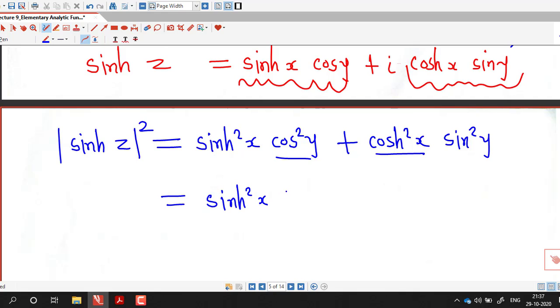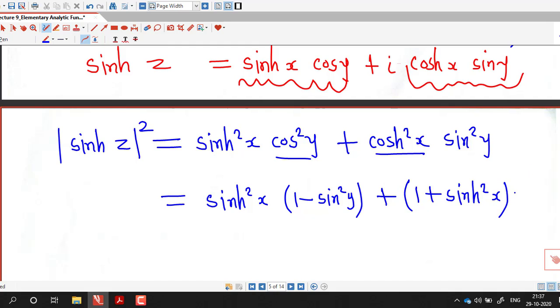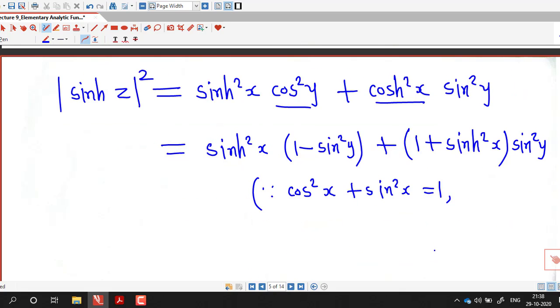Then we replace this cos square y by 1 minus sin square y, and this cos hyperbolic square x can be replaced by 1 plus sin hyperbolic square x, because we are using these two relations: cos square x plus sin square x is 1, which is used here, and cos hyperbolic square x minus sin hyperbolic square x equal to 1, which is used here.